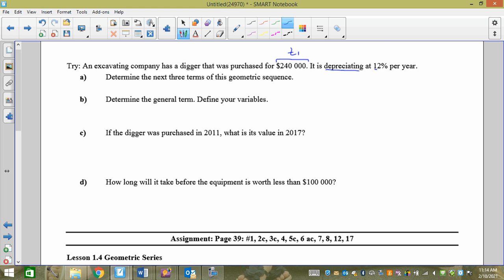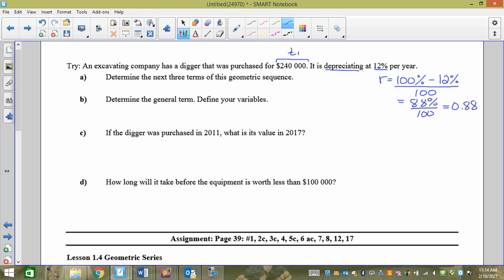It depreciates by 12%, so my R is going to be 100% minus 12%, which equals 88% divided by 100, which is 0.88. Once I know my R, I can take the previous term times that to get the next one, right?